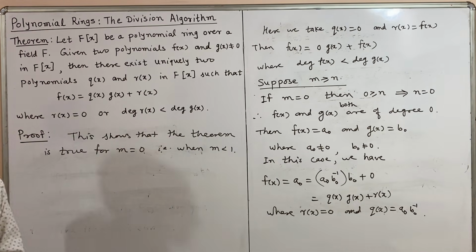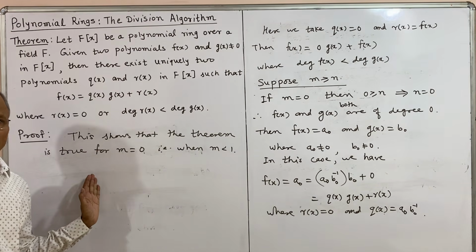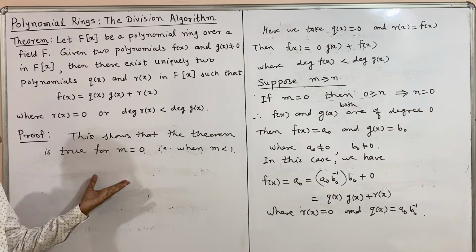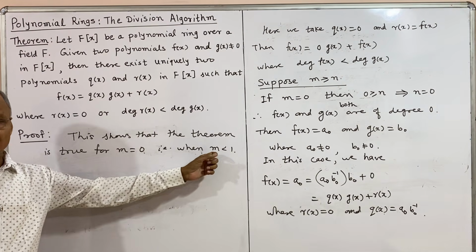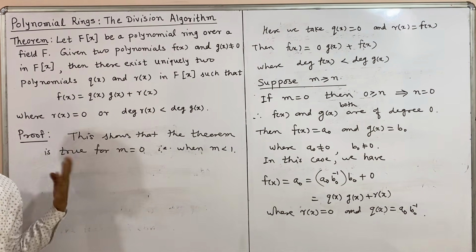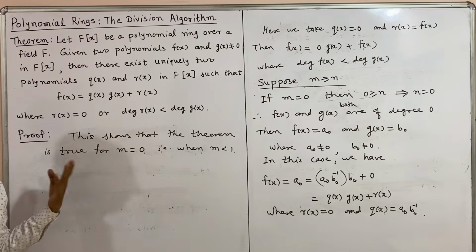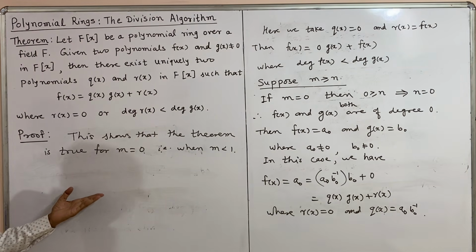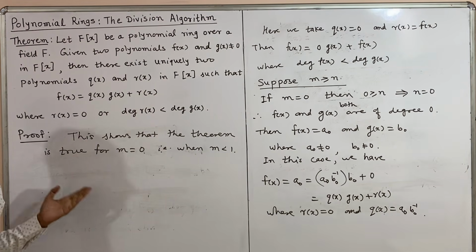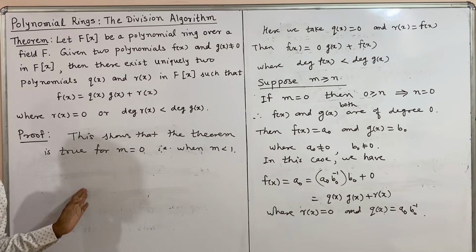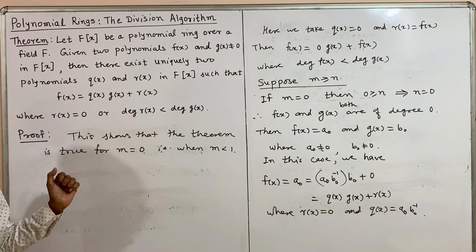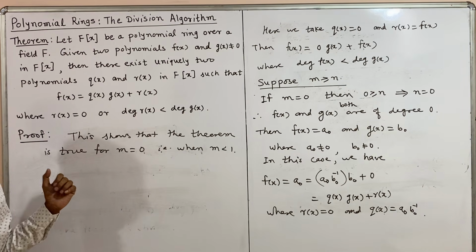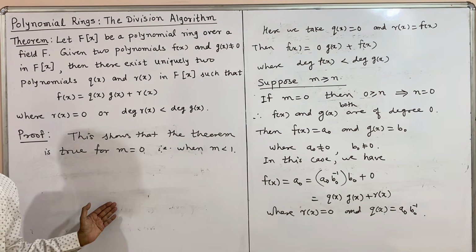Now we shall prove the theorem by the method of mathematical induction. We have here proved that the theorem is true for m less than 1, and that means we shall assume that the theorem is true when the degree of f(x) is less than m, and then assuming that we shall prove the theorem is true when the degree of f(x) is equal to m, and thus this is the method of mathematical induction.